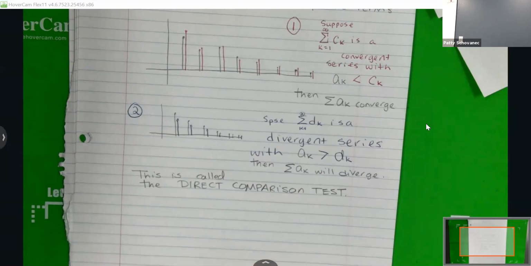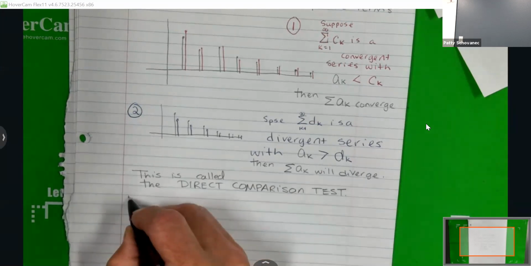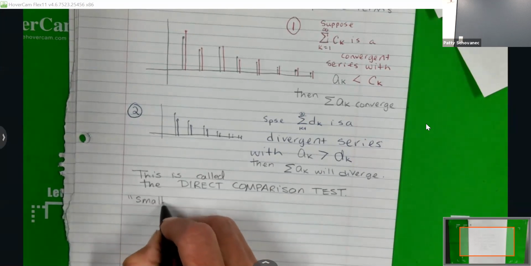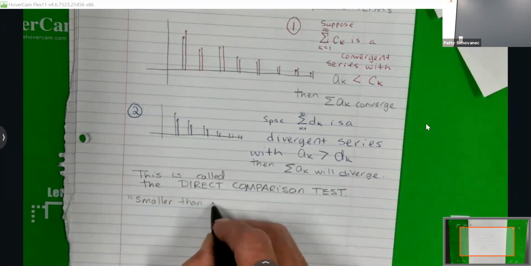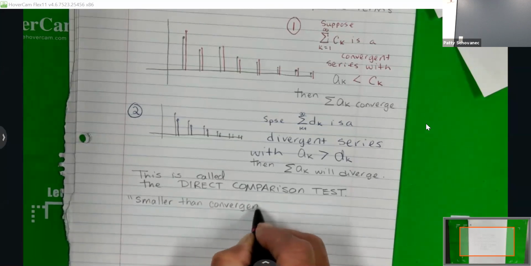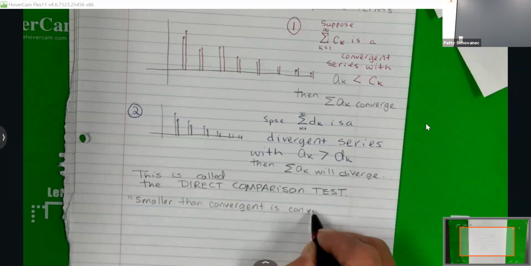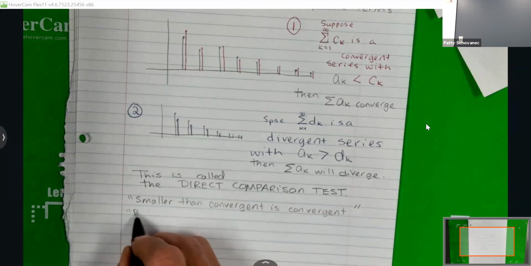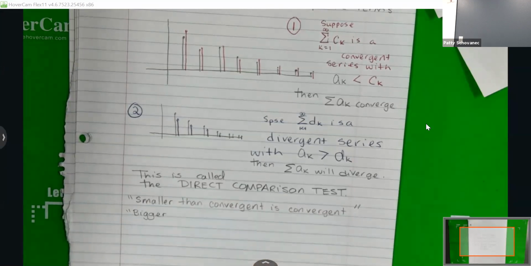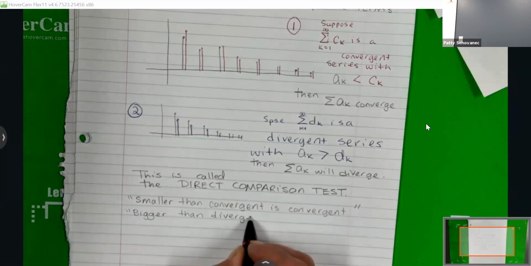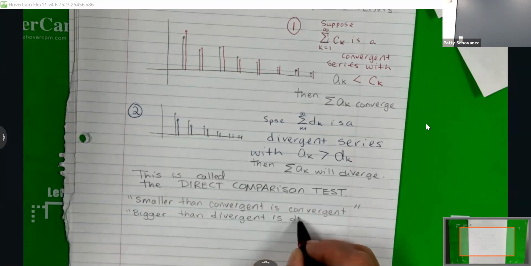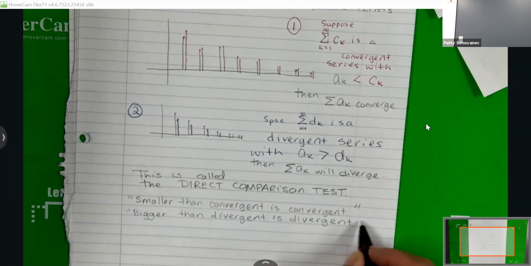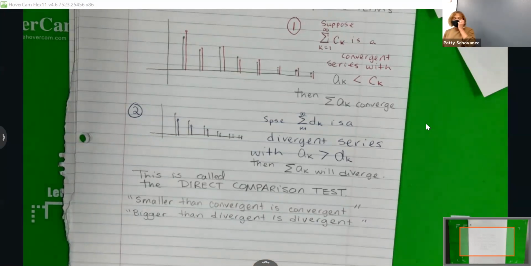Bigger than divergent is divergent. Smaller than convergent is convergent, bigger than divergent is divergent.